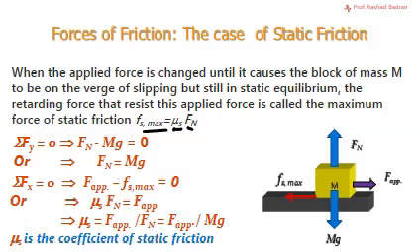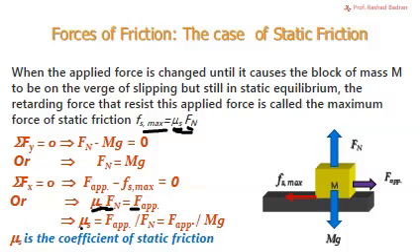Along the x-axis, we have the applied force minus the maximum static friction force equals 0. By substituting the maximum static friction from here, we get μs multiplied by the normal force equals F applied.